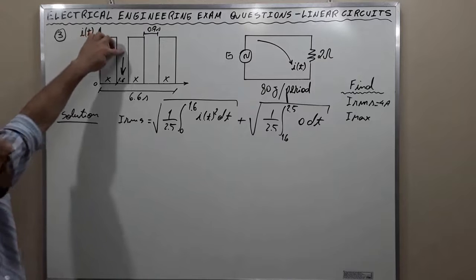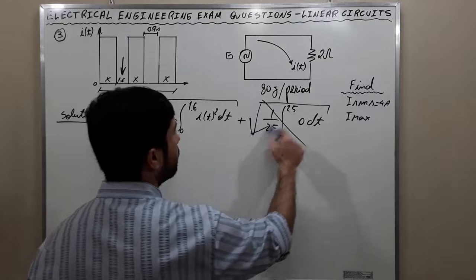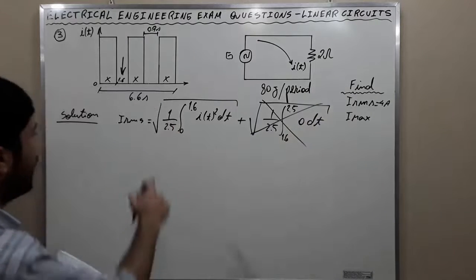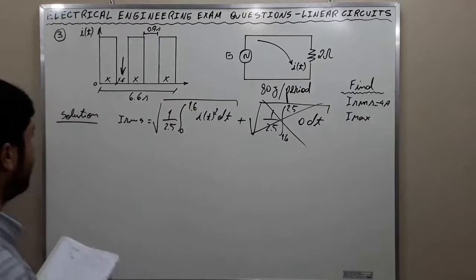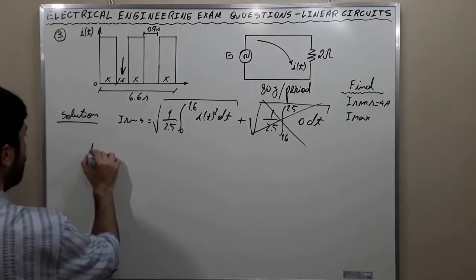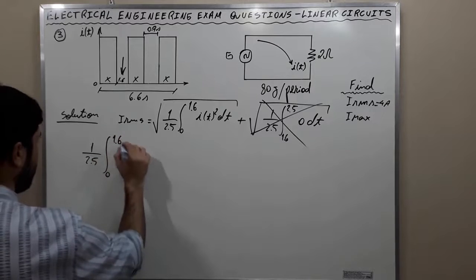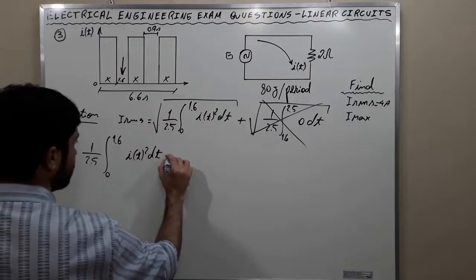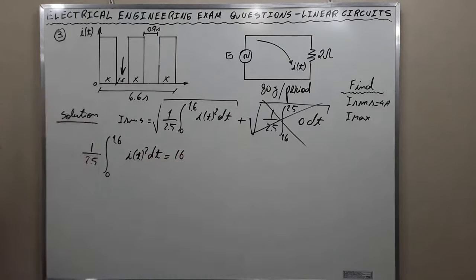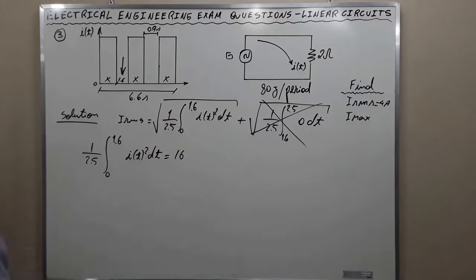Since the signal is 0 here, we do not need to worry about it. And this is equal to 4. Then 1 over 2.5 is equal to 16. We pass the root to the other side, and then it becomes 4 squared, which is 16.